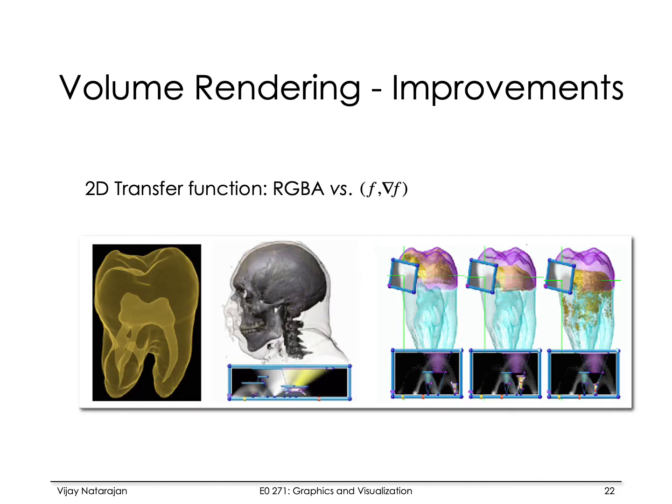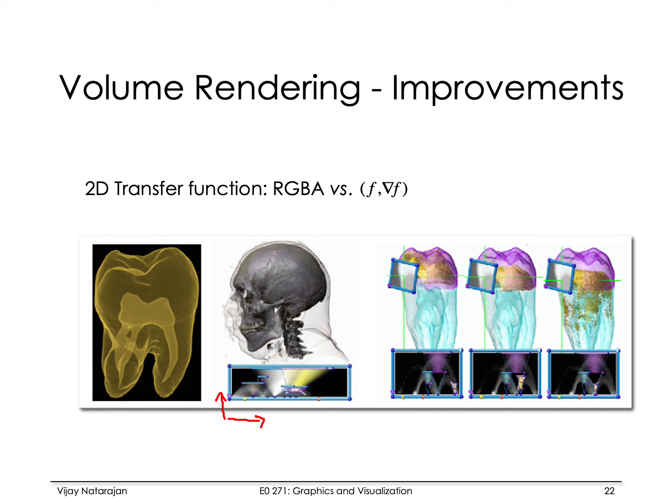So this idea can be taken further to design so-called 2D transfer functions, where on the x-axis we have the scalar values, and on the y-axis we have the magnitude of the gradient, and every point here refers to the transfer function.